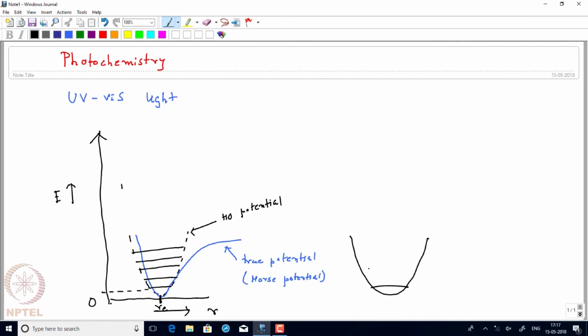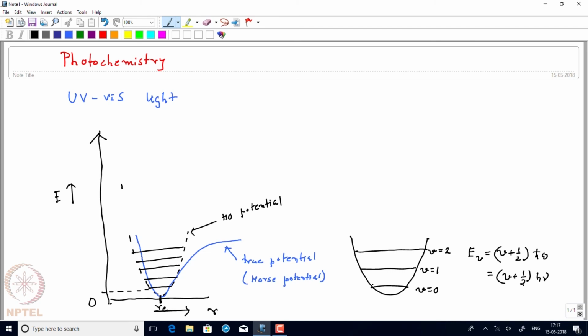Suppose this is the zero point energy, V equal to 0, this is V equal to 1, this is V equal to 2, where V is the vibrational quantum number, and the energy expression is (V plus half) h bar omega, where omega is the angular frequency, or you could write it in terms of the circular frequency as h nu.